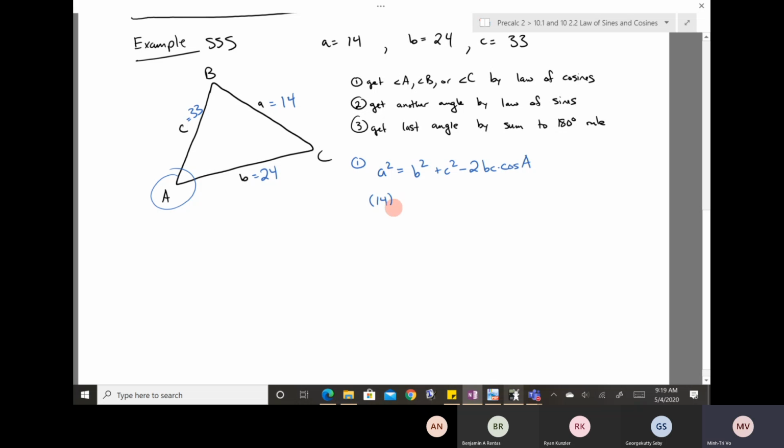So 14 squared is equal to 24 squared plus 33 squared minus 2 times 24 times 33 times cosine of A.